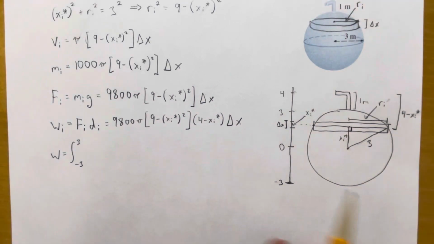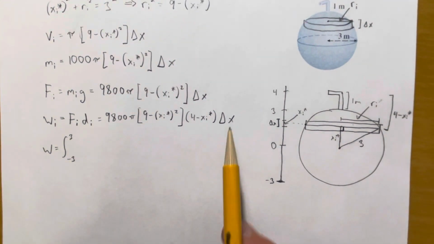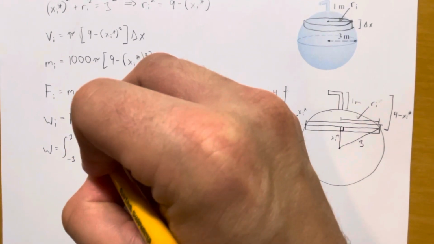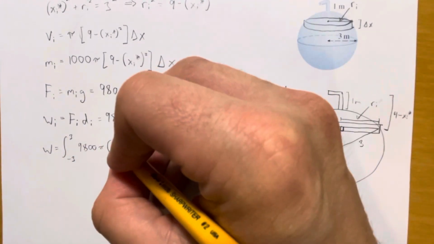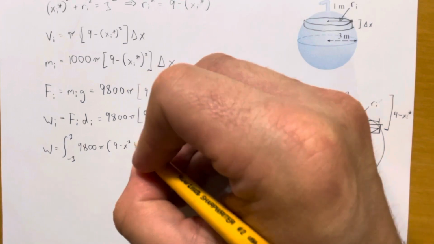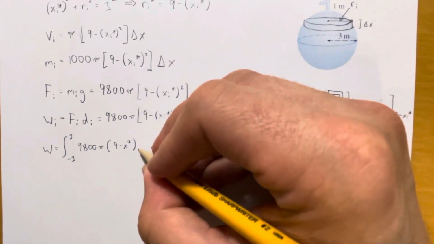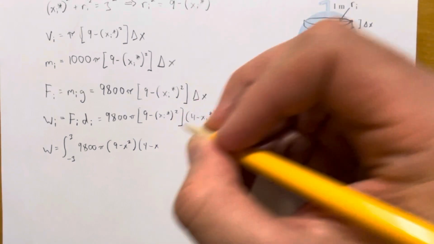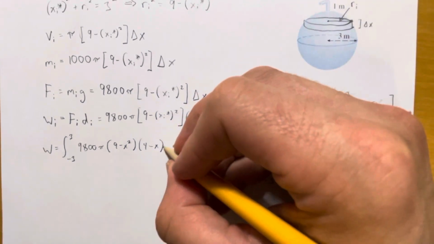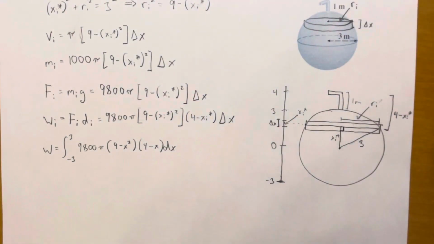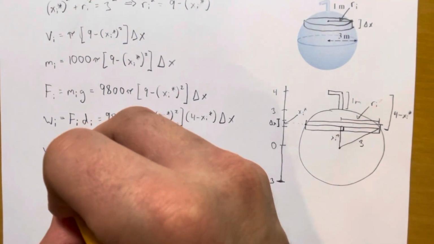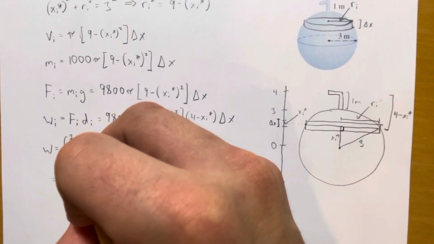All of my x_i stars are just going to turn into x's. My delta x is going to become a dx. And I get 9800 pi times (9 minus x squared) times (4 minus x), not squared, just x, dx. And this is what I want to integrate. Let's simplify this down a little bit. I can pull the constant out, 9800 pi.